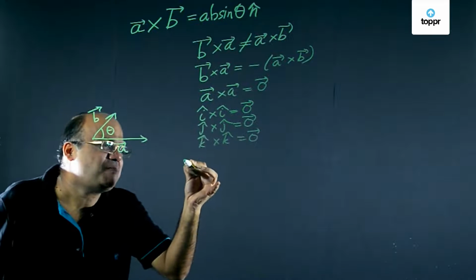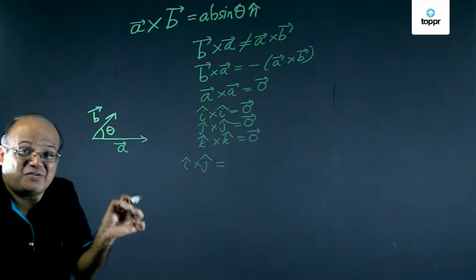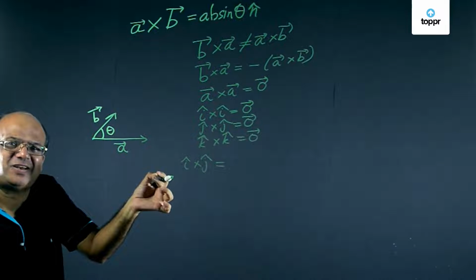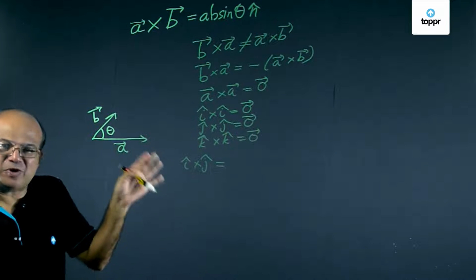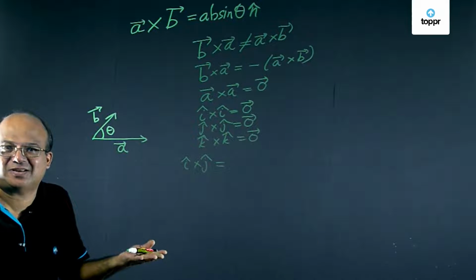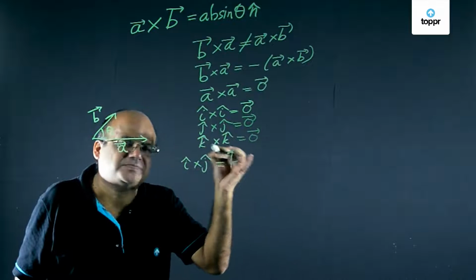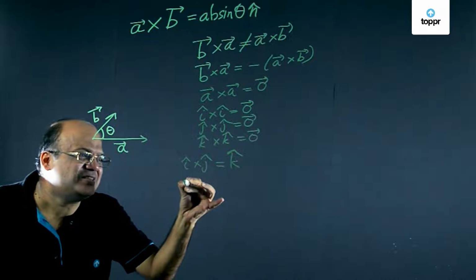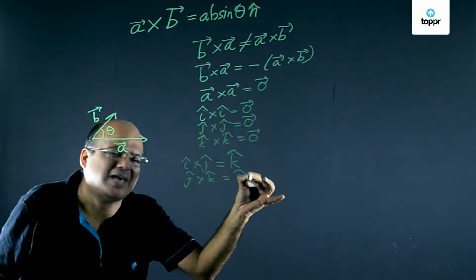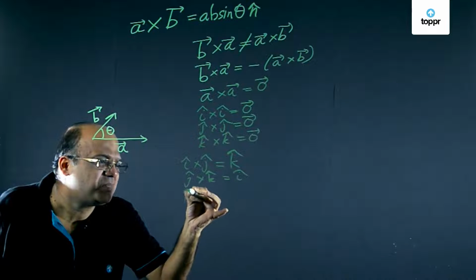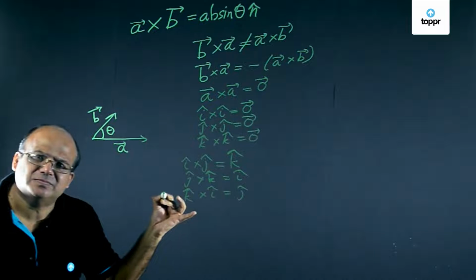What will be i cap cross j cap? Not 1, because you have to get a vector. Cross product gives us a vector. So it will be perpendicular to both of these, obeying that right hand rule which we discussed earlier. Therefore, i cap cross j cap is k cap. What is j cap cross k cap? That is i cap. K cap cross i cap is j cap.